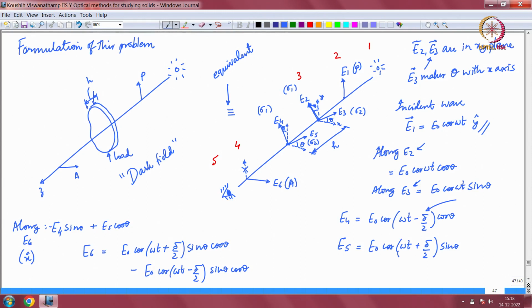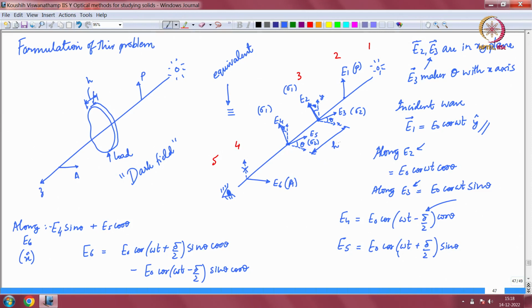So, depending on the orientation theta, you will have different orientation of the principal stress, and the light that is coming out finally will have a delta, and we said that you can calculate the delta by systematically taking components of the incoming light along these two axes, getting one ahead of the other by delta. So, one goes ahead by delta by 2 and one goes behind by delta by 2.